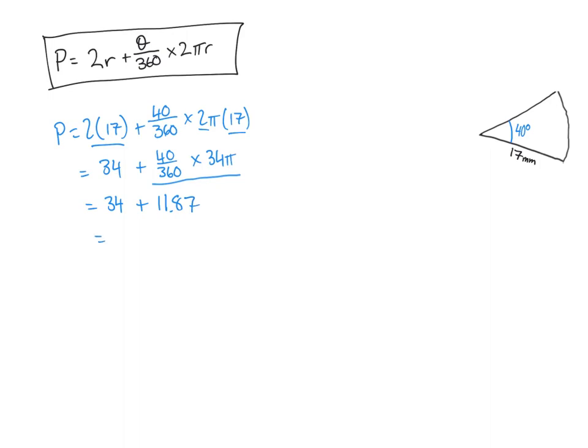So 34 plus 11.87 would give us 45.87. So the perimeter is 45.87 millimeters because the original measurement was given to us in millimeters.